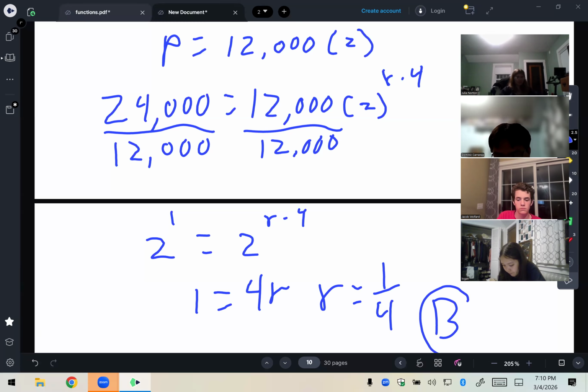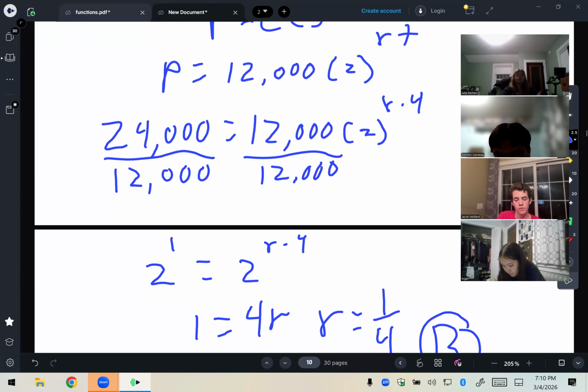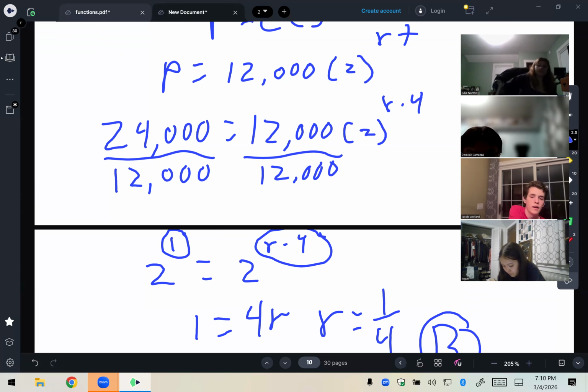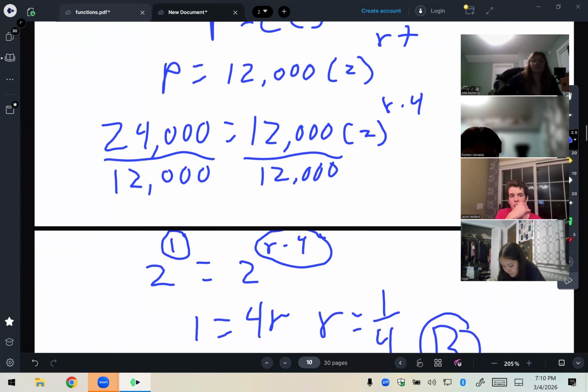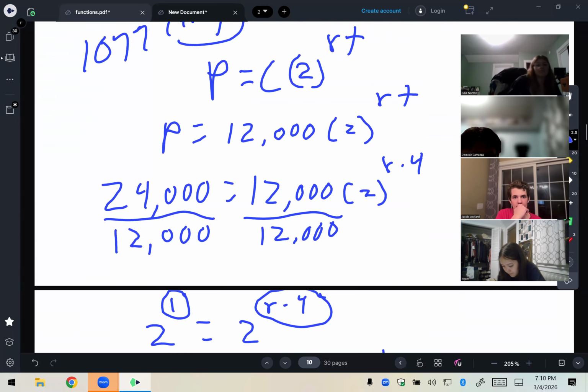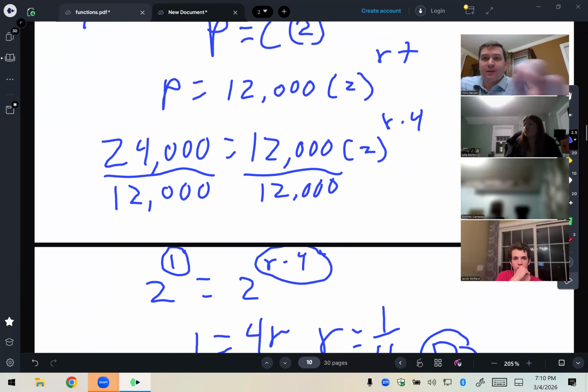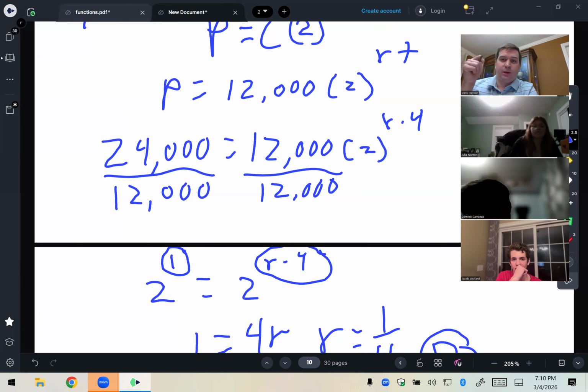See if they understand it, because you might have to go over it. The last step is just the exponent rule. Once I have a like base, I don't need the base anymore. Yeah, that was a hard one. Any questions? Is everyone good with it?